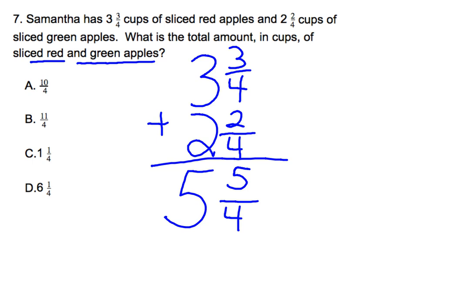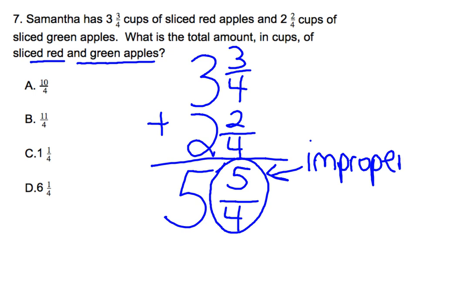So that tells me a few things. One is that in the real world, when we ask someone how many cups they have, this is where we run into the problem, because this is a fraction greater than 1, or what we call an improper fraction. So this needs to be changed to a mixed number.